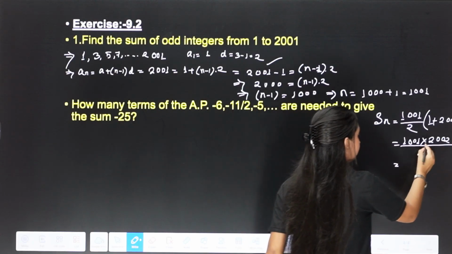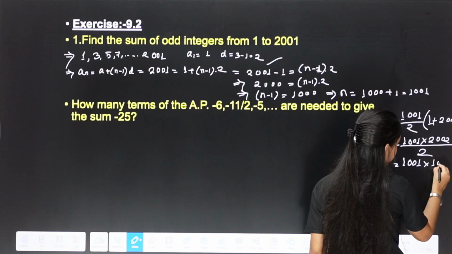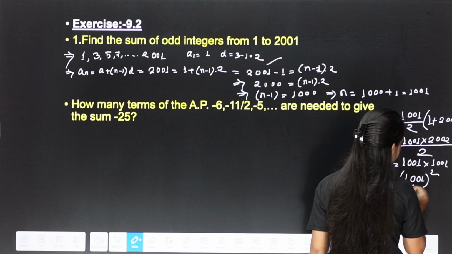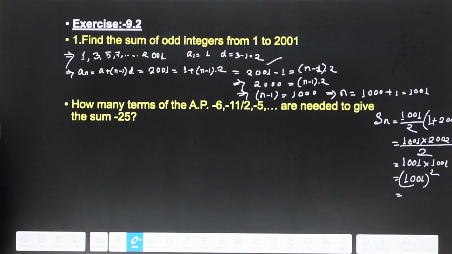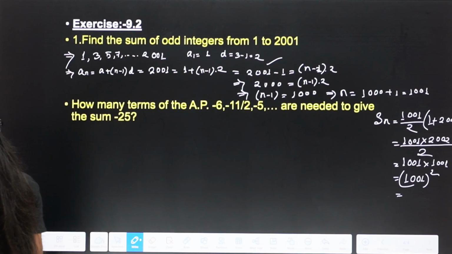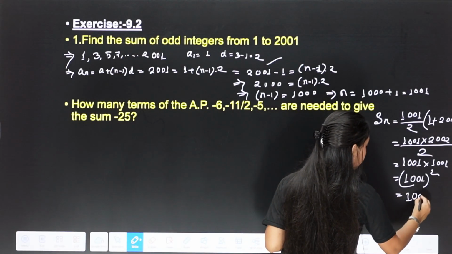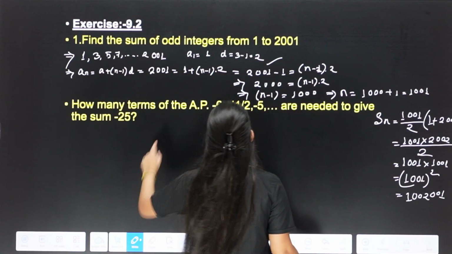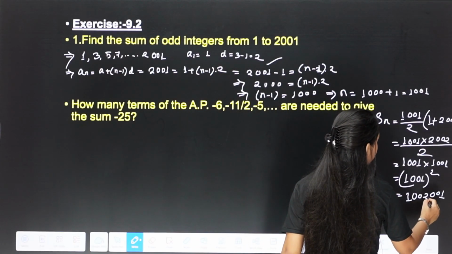So we will first divide this by 2, that is 1001 into 1001, that is 1001 square. And if we multiply this, that is 1001 into 1001, we will have 1002001. So the sum of odd integers from 1 to 2001 is 1002001.